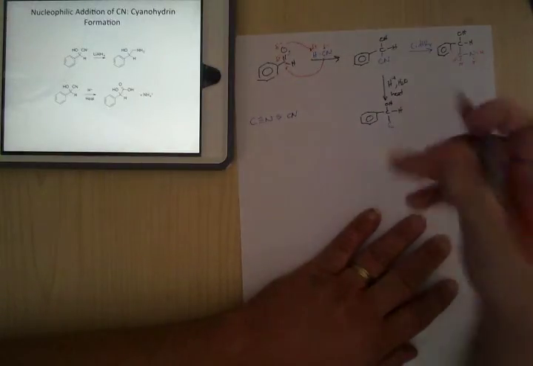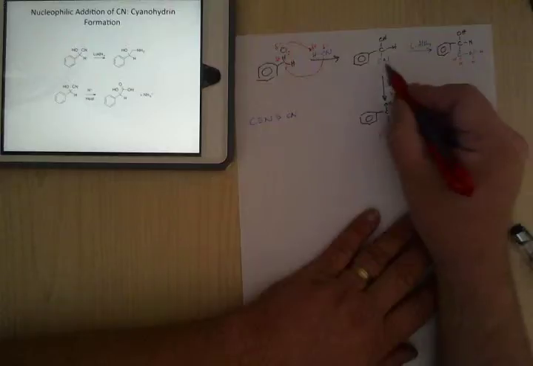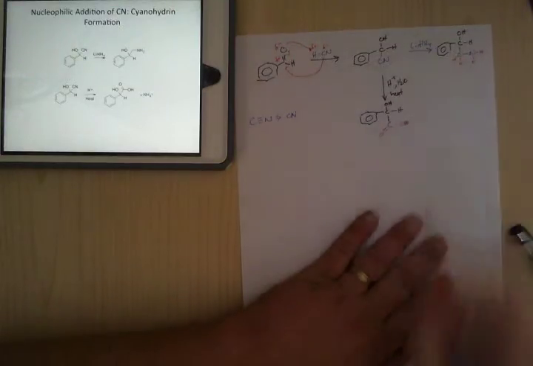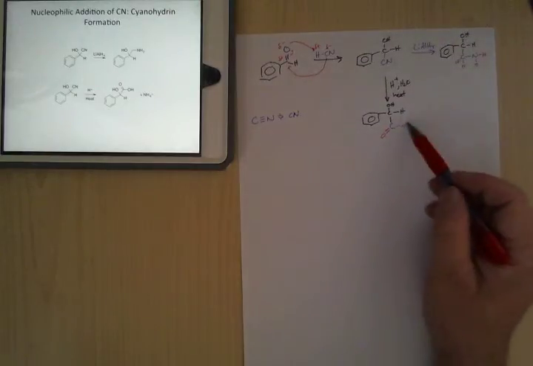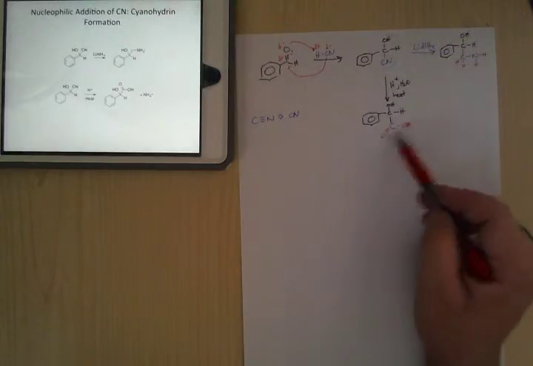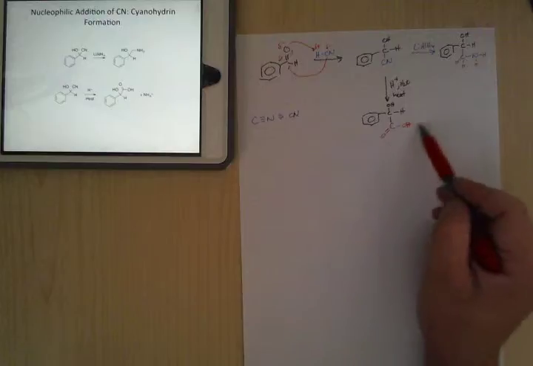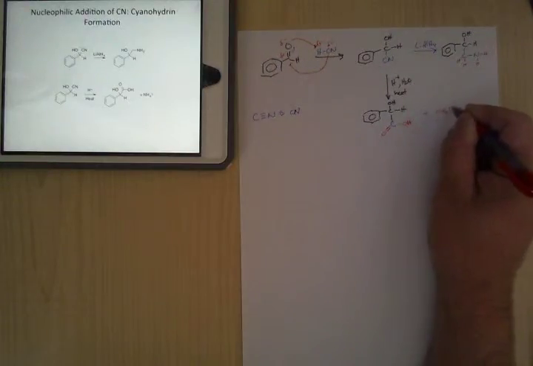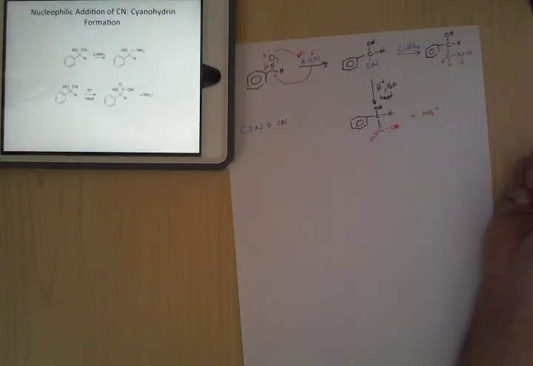We're going to convert this carbon here into a carboxylic acid. These oxygens come from the water, so you make a nice carboxylic acid, plus NH4 plus.